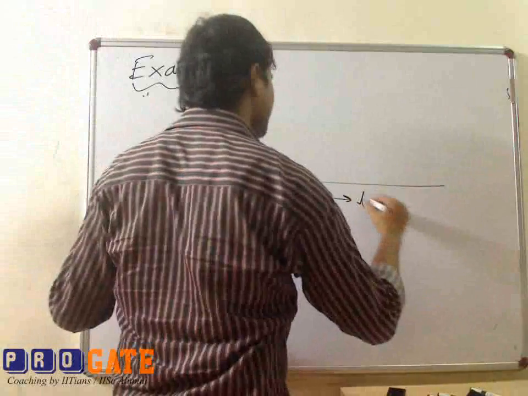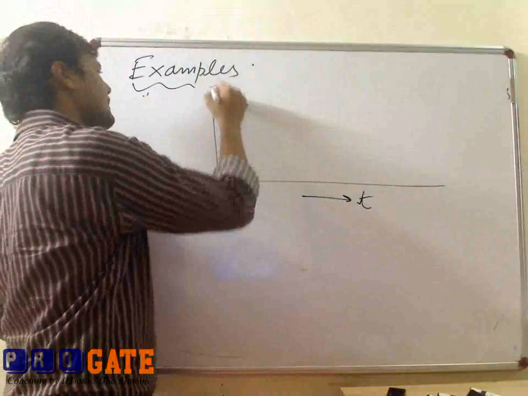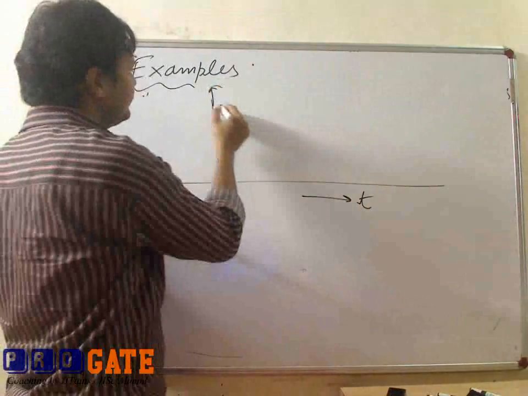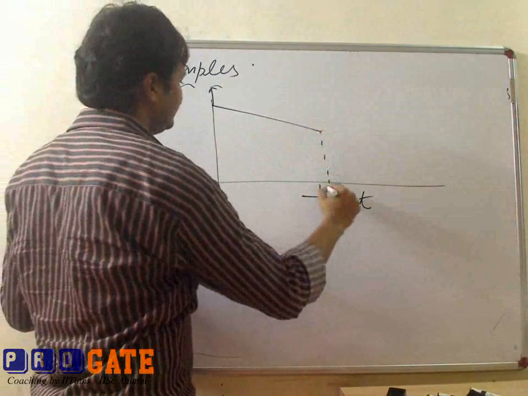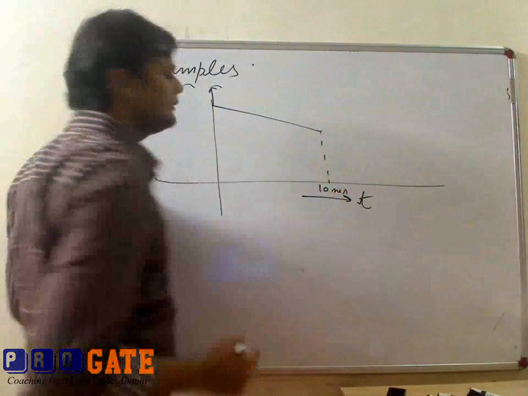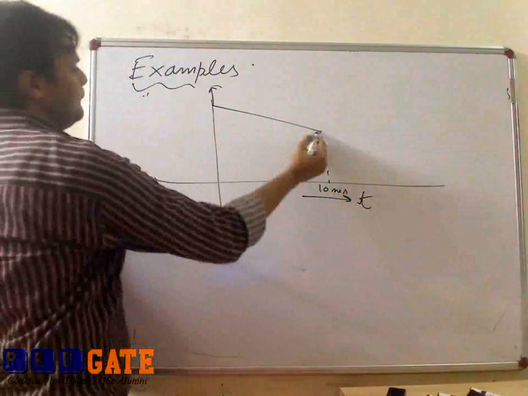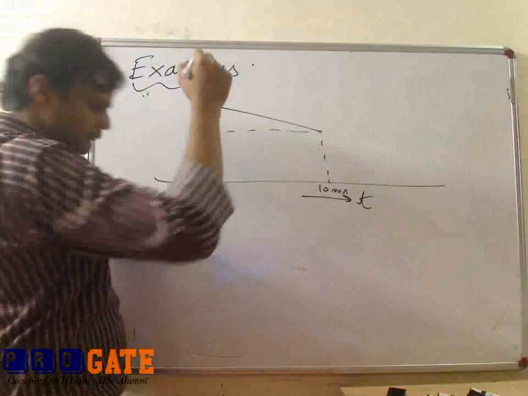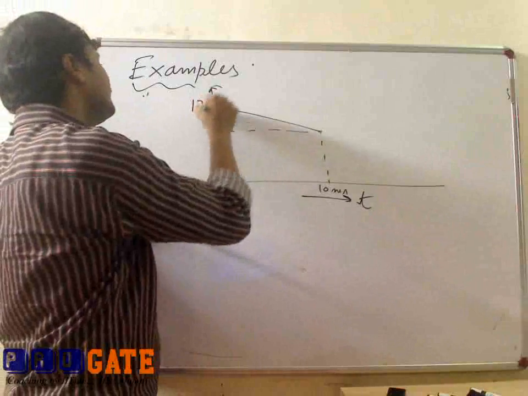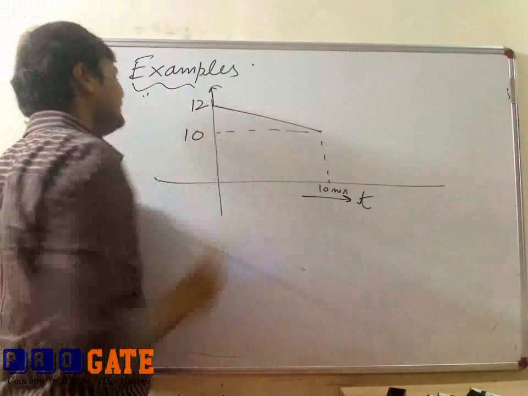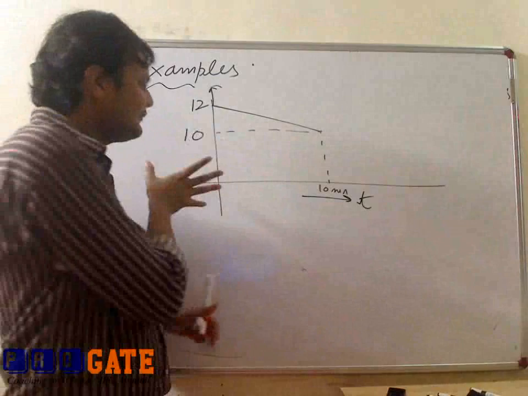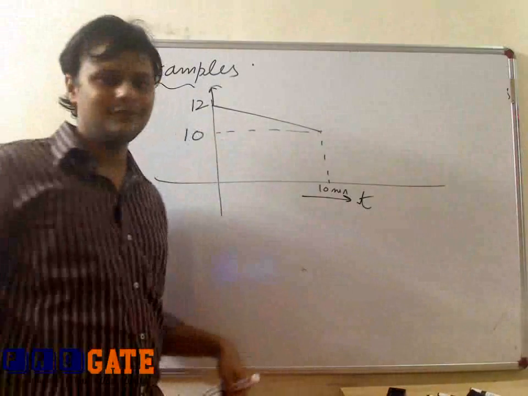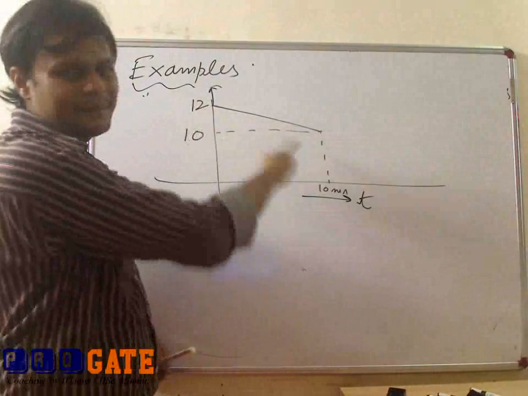This is the time axis. This is the instant of 10 minutes. This is 12. This is 10 volts. So again, one can see that if you are drawing current from the source, its voltage is dropping.